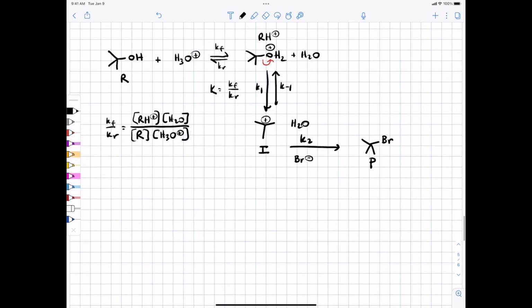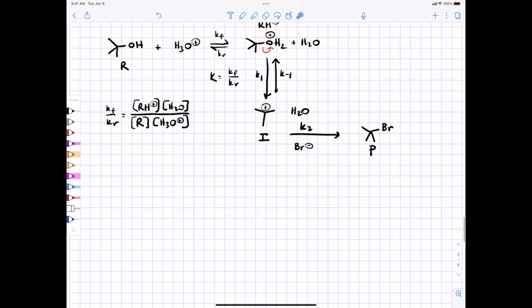Now let's try to calculate an expression for RH plus. What we're saying is these are always in equilibrium. This equilibrium step is fast enough that as soon as we remove this, we go back into equilibrium.